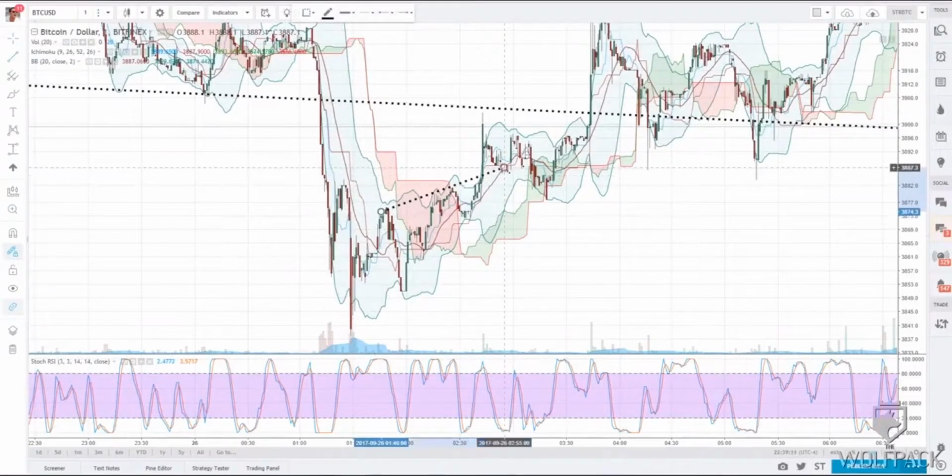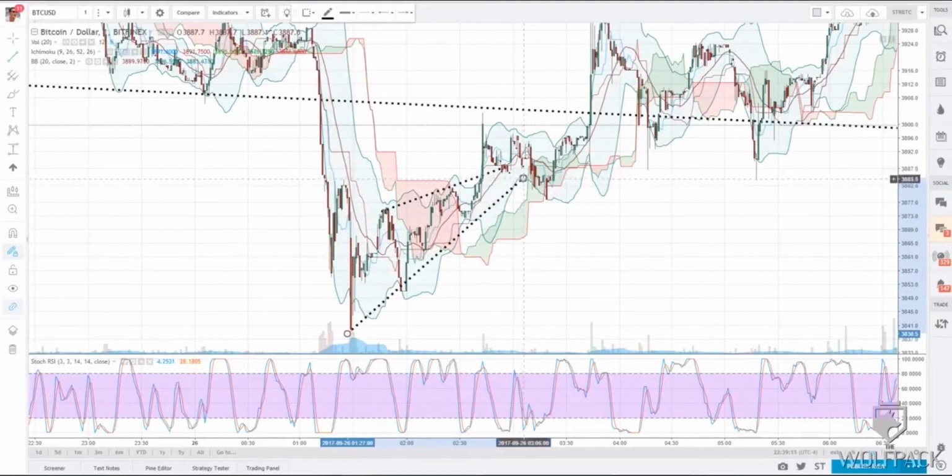So like right here we have basically a rising wedge, right? Rising wedge, as I'll teach you in a little bit, is a reversal pattern, meaning a reversal going down. So if it's a rising wedge, the price should drop, but it didn't. It was a rising wedge, and the price went up.